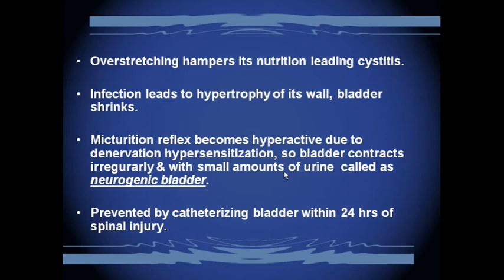You already know the concept of hypersensitization. So micturition becomes hyperreactive, and the bladder will contract irregularly with small amounts of urine. The reflex gets initiated, and the patient will very frequently keep passing small amounts of urine. So in these kinds of cases it is better to catheterize the patient and wait for recovery.